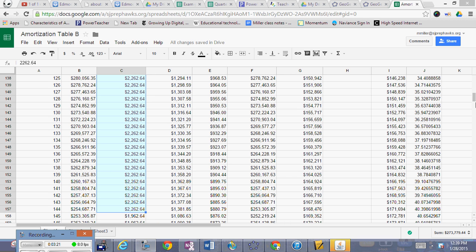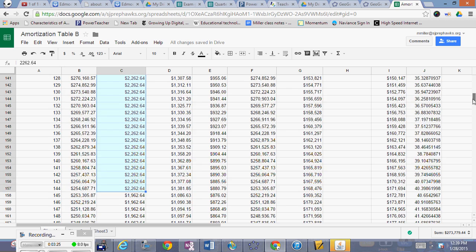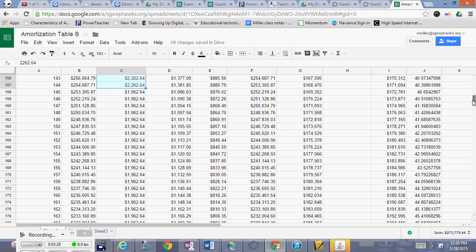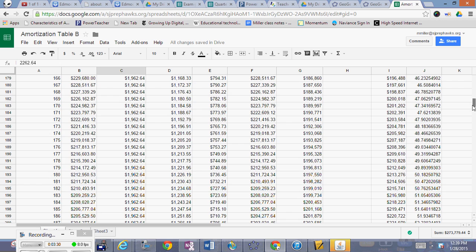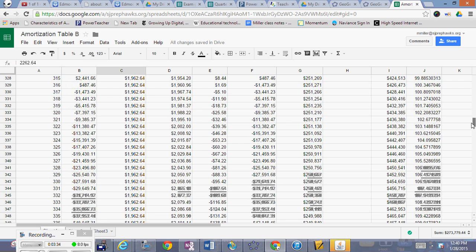Now we did that for 10 years, so we should be able to pay that principal off a little quicker. Let's see how much quicker we did that. When we start seeing our numbers go negative, we know we're beyond where we need to be. We're dipping into the negative right here at 317, which means I'm going to terminate that at 316, and everything below 316, the loan is done.